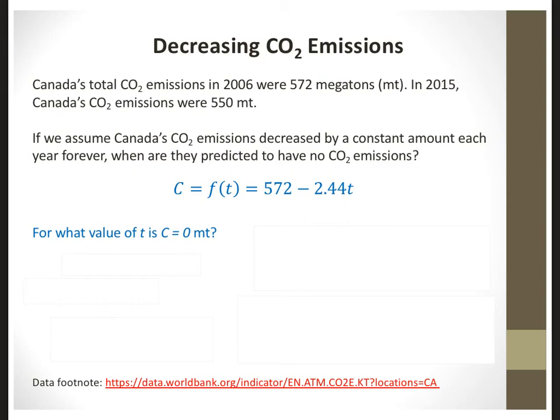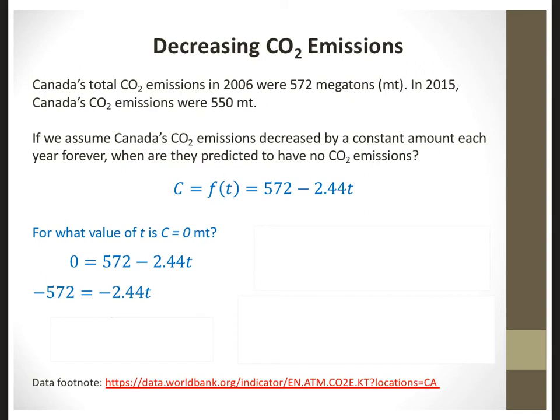So setting C equal to 0, we get the following equation, that 0 is 572 minus 2.44 t. Now I want to solve for t. So I can subtract 572 from both sides, and that gives me minus 572 is equal to minus 2.44 t.